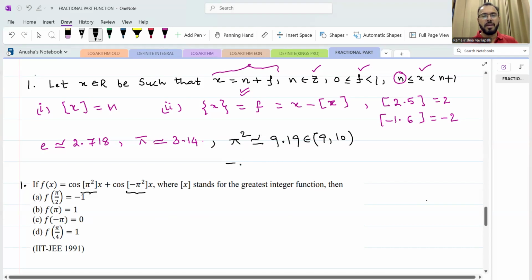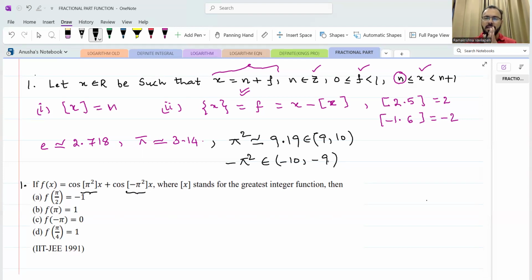Similarly, minus pi square belongs to, in reverse order, minus 10 to minus 9. The question is quite simple once you understand what is integral part of x. Every real number can be fit between two consecutive integers. We always consider that left integer.